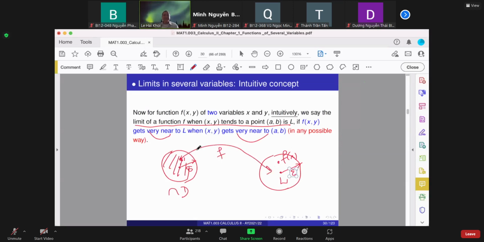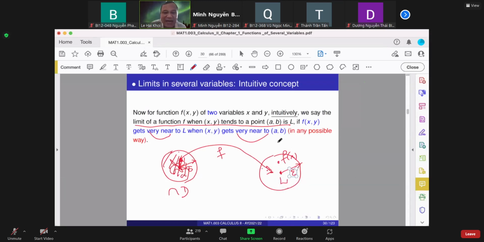But x is very near to A in any possible way, which means that x can approach A like this, x can approach like that, like this. Anyway, each tends to A. You don't know which way, but you are sure that anyway, you should have again the image of x under f very near L.